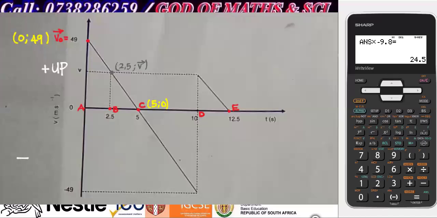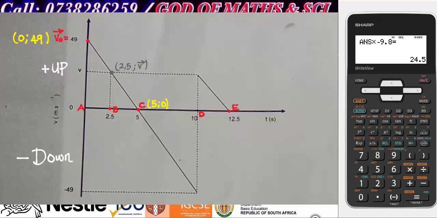So I'll say negative, which represents down for me. Now here, because it's neutral, it's between up and down, that would be at the highest point here.